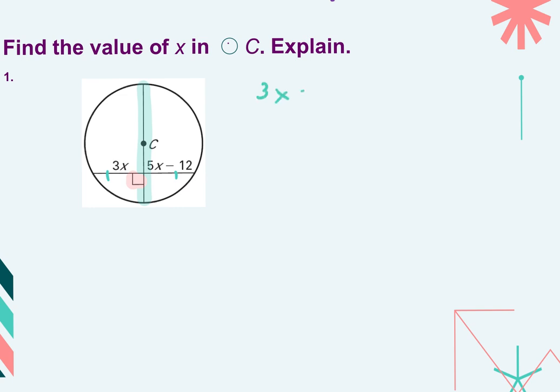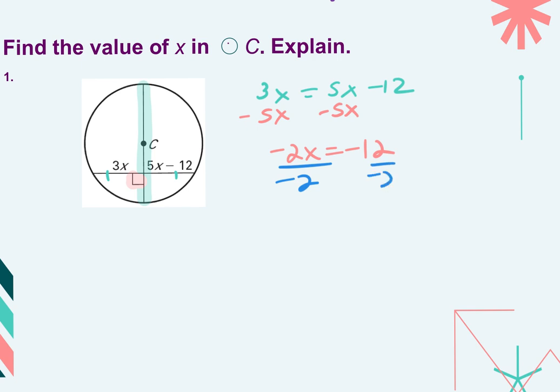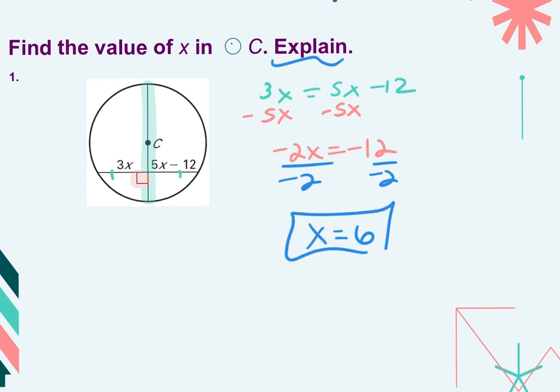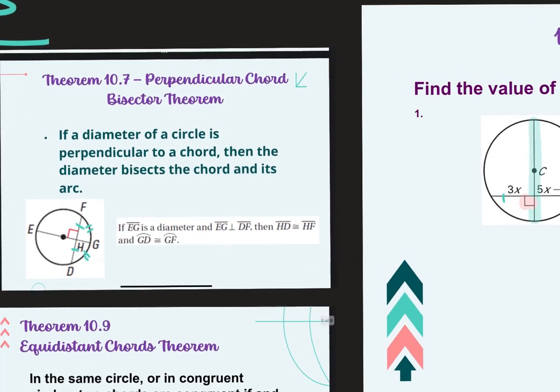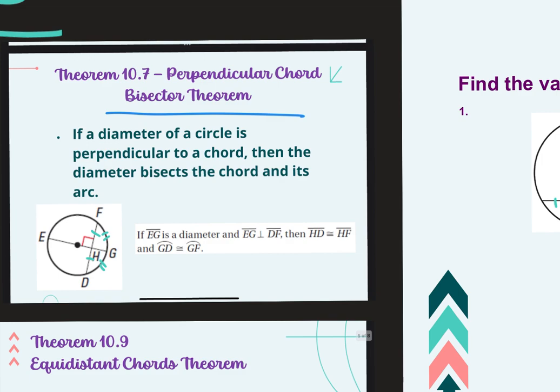Because those are happening, we know these are congruent. So 3x equals 5x minus 12. And then I would solve, subtract the 5x. Negative 2x equals negative 12. Divide both sides by negative 2. And x is 6. And when it says explain, you can either use the name of that theorem, which was the perpendicular chord bisector theorem, okay?